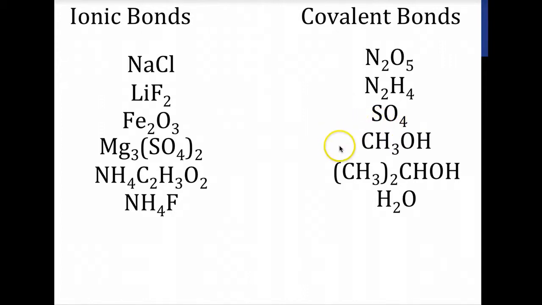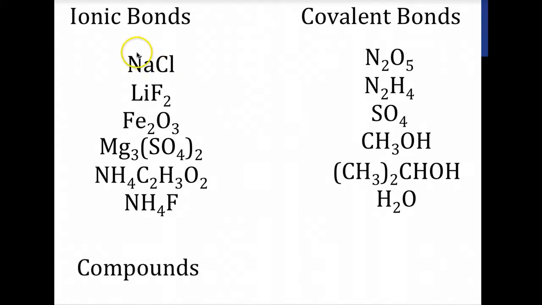Okay, CH3OH, carbon, hydrogen, and oxygen are all nonmetals, so this is covalent. Okay, CH3, we need two of those. That's not a polyatomic ion. And CHOH is not a polyatomic ion. All of these are nonmetals, so it's a covalent bond. And water, H2O, both of these are nonmetals, so that is a covalent bond.